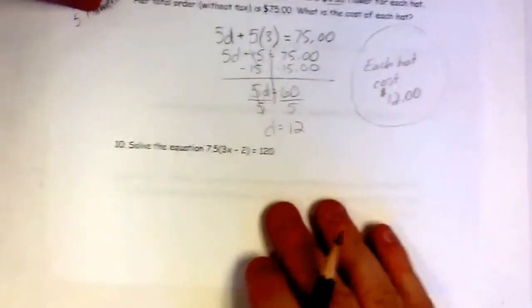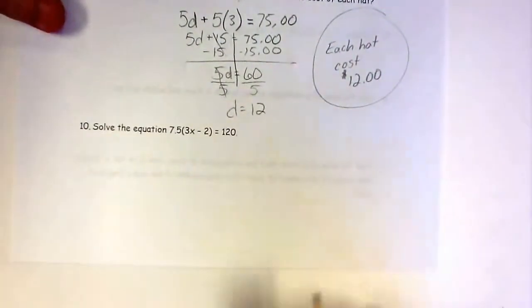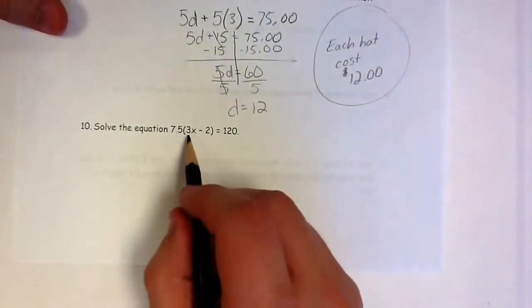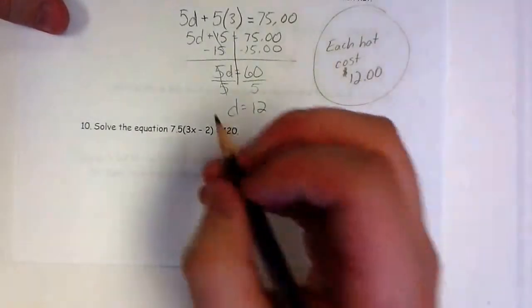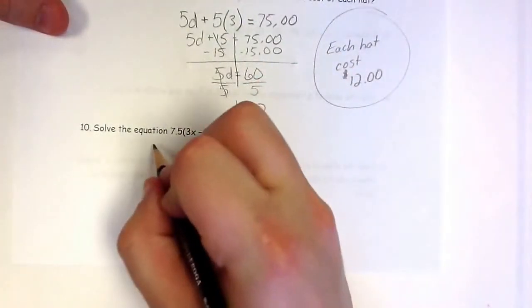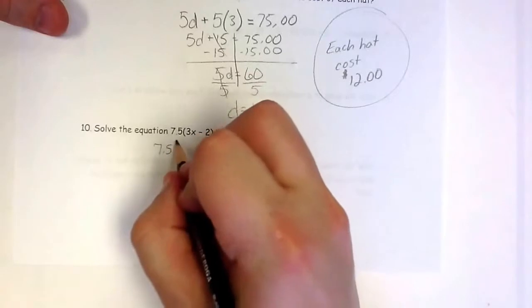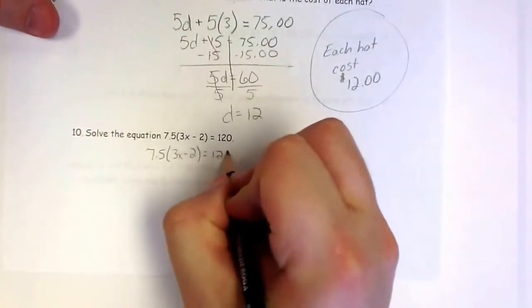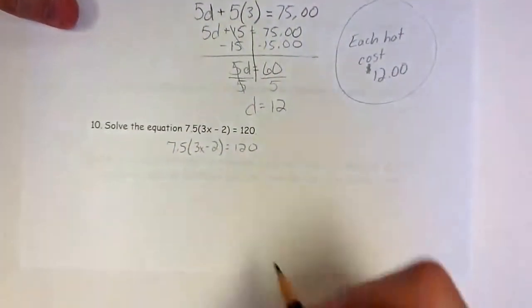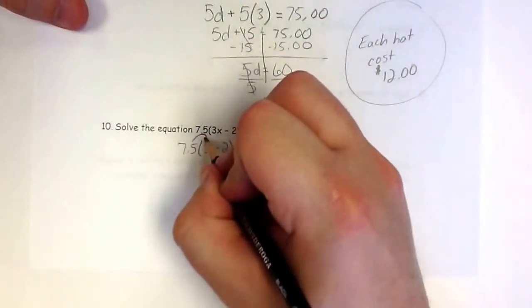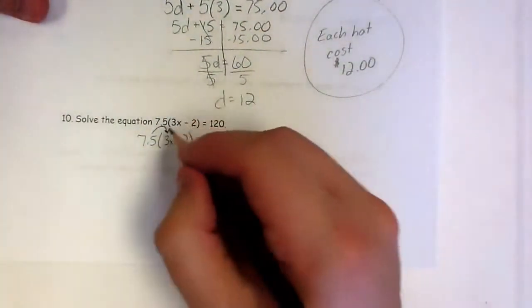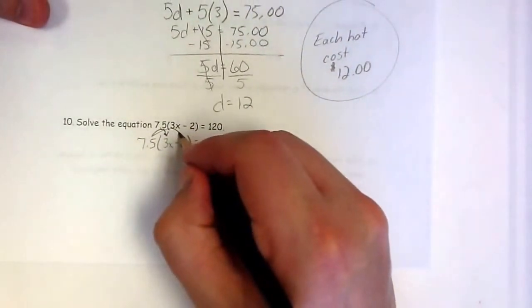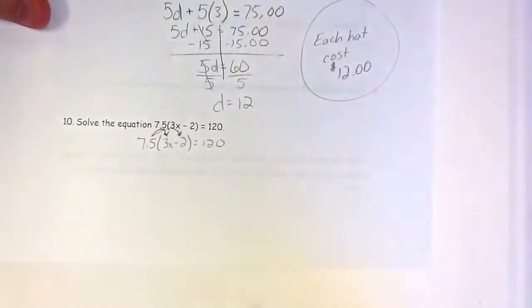Number 10, solve the equation. 7.5 times 3x minus 2 equals 120. This is a distribution. I need to distribute my 7.5 times 3x. Then I also need to distribute my 7.5 times negative 2.